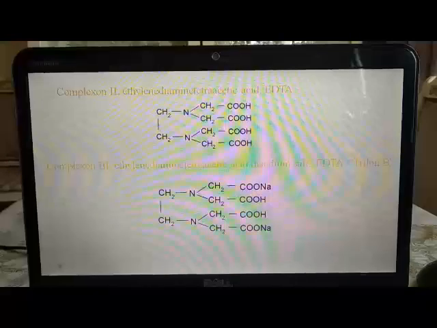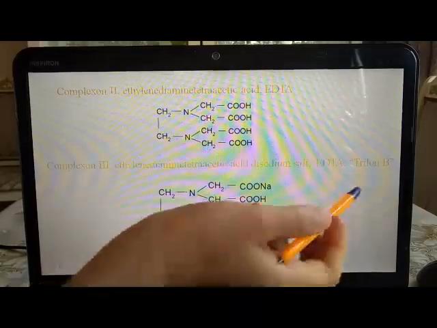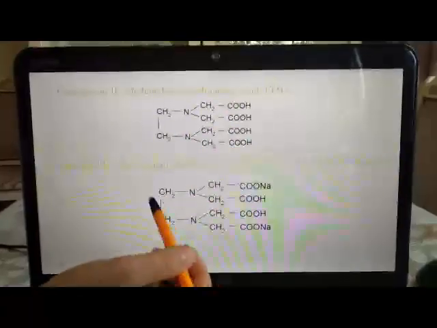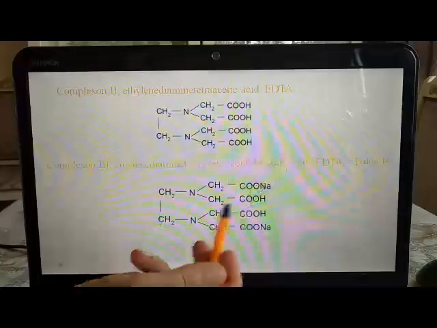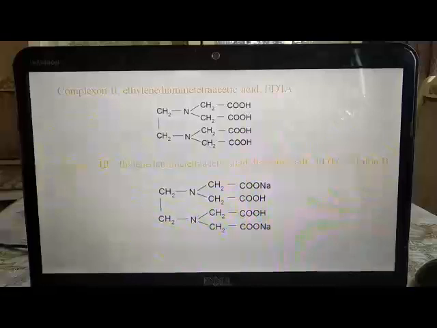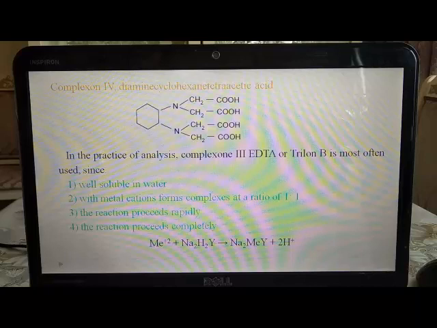Complexon 3: ethylenediaminetetraacetic acid disodium salt, or another name, Trilon B. Trilon B is the disodium salt of ethylenediaminetetraacetic acid. Complexon 4: diaminocyclohexanetetraacetic acid.